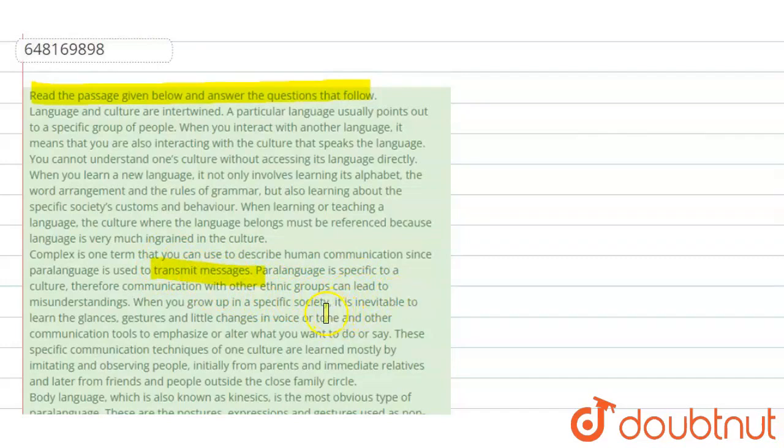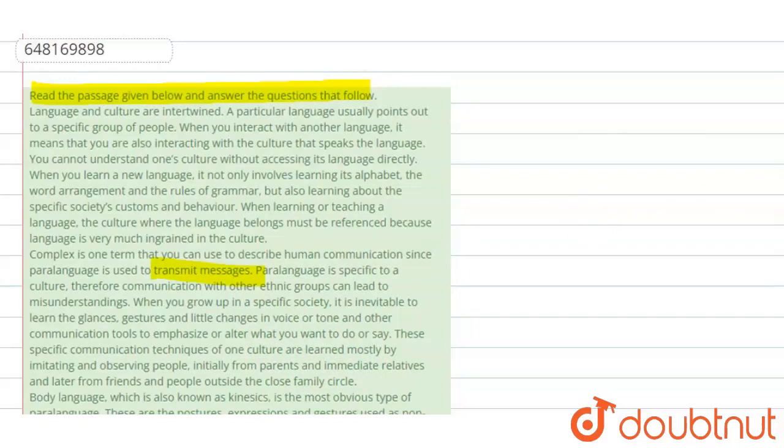When you grow up in a specific society, it is inevitable to learn the glances, gestures, and little changes in voice or tone and other communication tools to emphasize or alter what you want to do or say. These specific communications techniques of one culture are learned mostly by imitating and observing people, initially from parents and immediate relatives, and later from friends and people outside the close family circle.